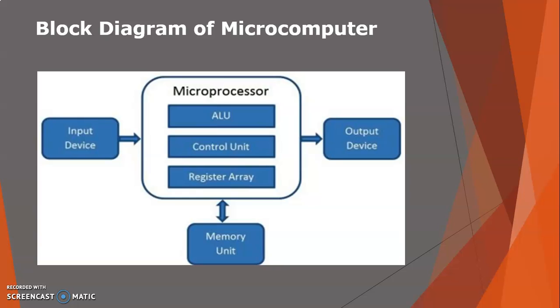The integrated circuit processors are produced in large numbers by highly automated metal oxide semiconductor fabrication processes, resulting in a low unit price. So this is a small history of the microprocessor.